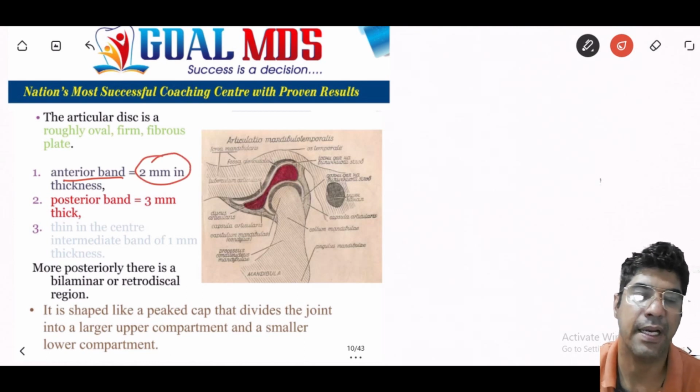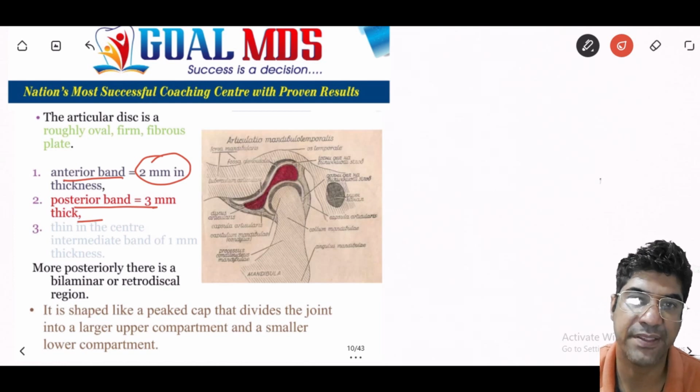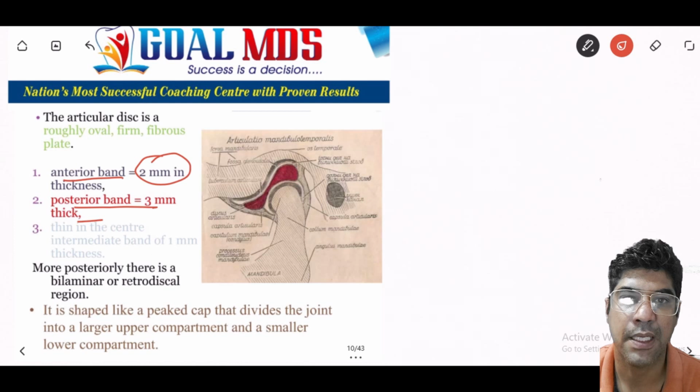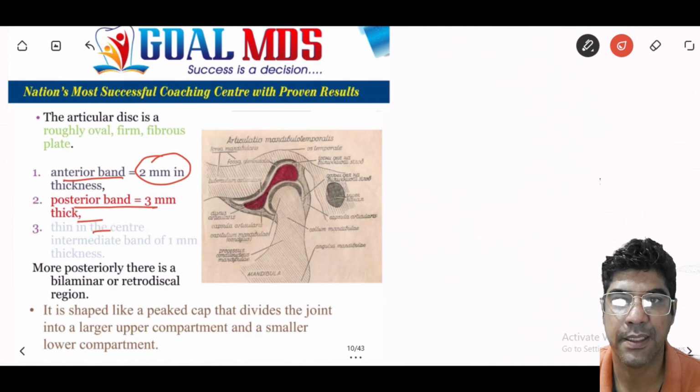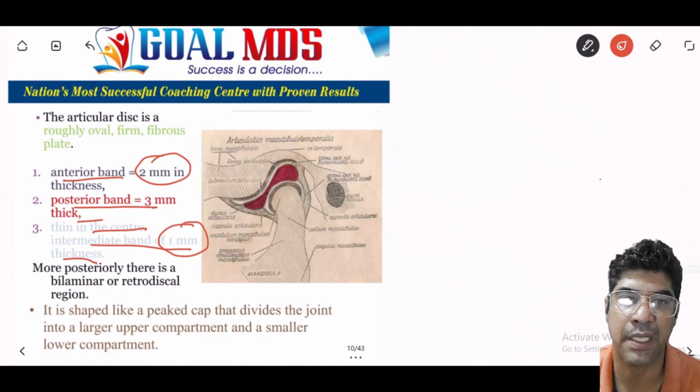As mentioned earlier, the articular disc consists of three parts. What are those? Anterior band. The anterior band is in the front of the disc. It is about 2 mm in thickness and is attached to the capsule. The posterior band is thicker, that is 3 mm, and connects to the retrodiscal tissue.